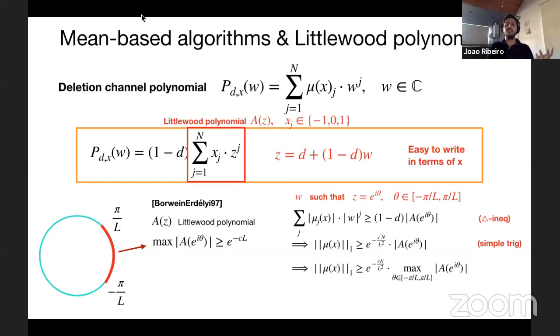We can take the maximum and use the result from Borwein and Erdélyi on the left-hand side, and then maximize with respect to L, which controls the length of the arc, to get that the one norm of a mean trace is always lower bounded by exponential to the minus some constant times cubic root of n. Like I said, this is a lower bound on the statistical distance between any two mean traces, and this immediately gives us that exponential of cubic root n traces suffice to distinguish between two mean traces and correctly recover x.